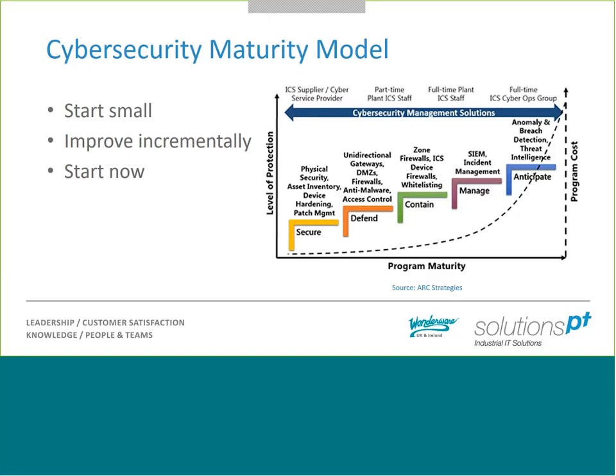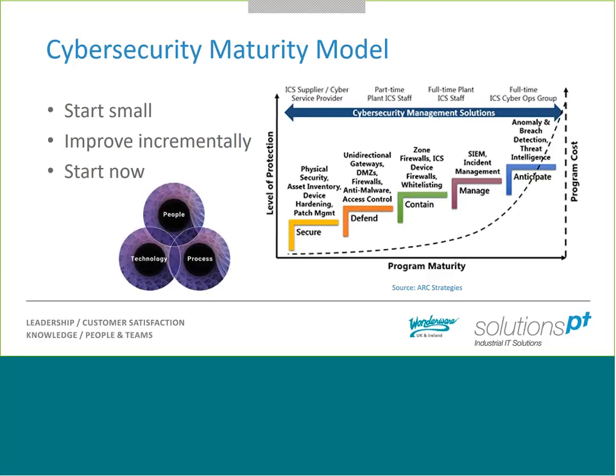And we've only covered the DMZ in the middle there under that defend section. But the idea is that you start very small, you find out where you are in that path, you improve incrementally, and you start now. And when we look at the people, processes, and technologies, it's really important that all these things are aligned, and you've probably heard people, process, and technologies come up an awful lot in lots of different presentations.